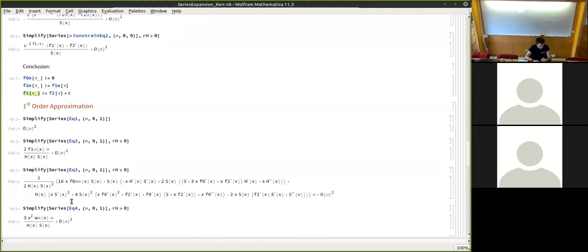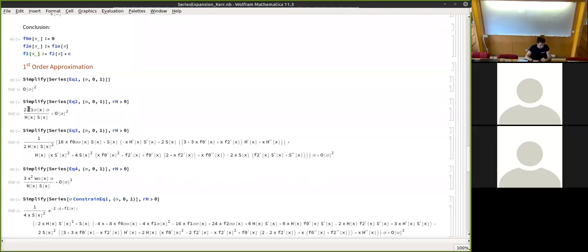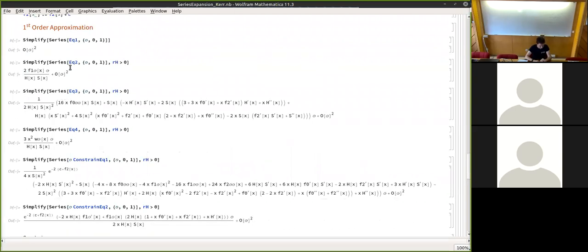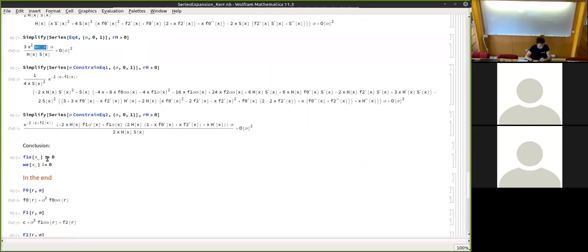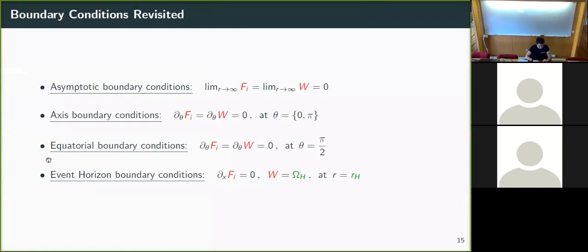Then going for the first order approximation, here we see that f1 theta must be equal to 0, so f2 theta will always be equal to 0. And we see that w theta must also go to 0. So we say that. And again, this is exactly the same result that we impose for the poles, that the derivatives of f1, f2, and f0, and the derivative of w must be equal to 0.